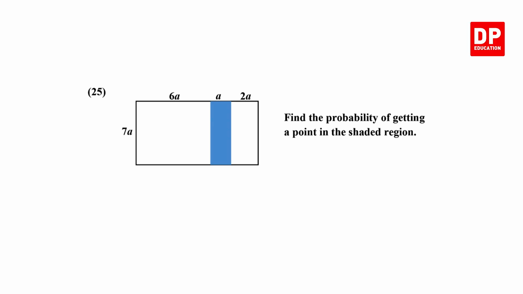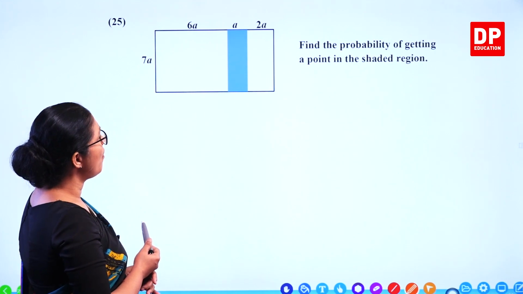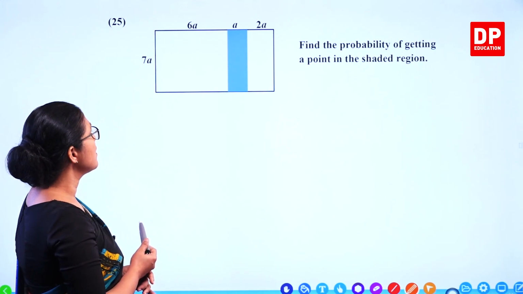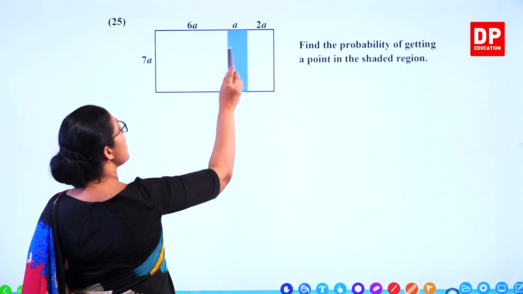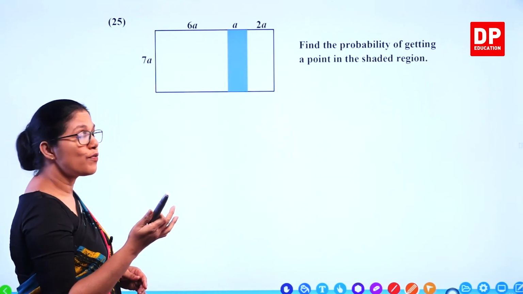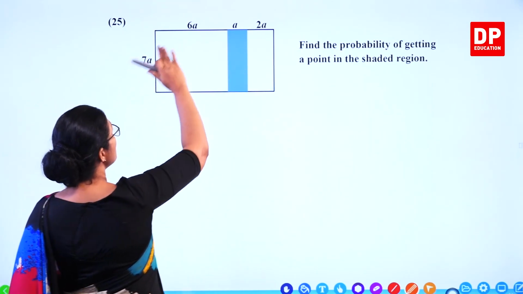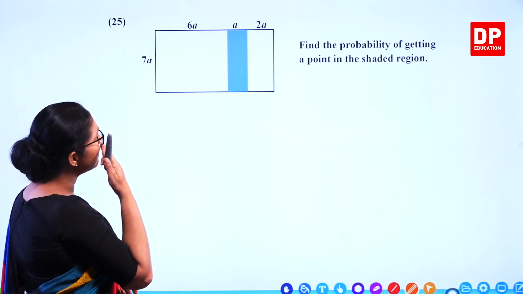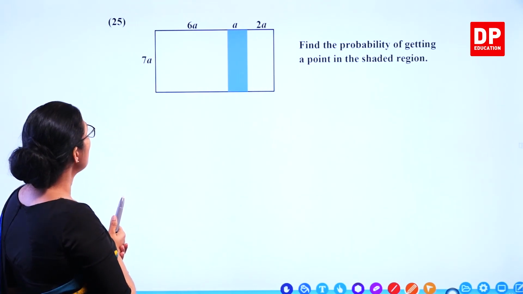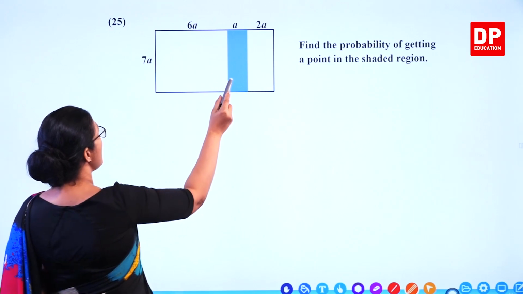25th question. Find the probability of getting a point in the shaded region. So that means we have to find the area out of the total area. That's the probability. How do you find the area of the shaded part?